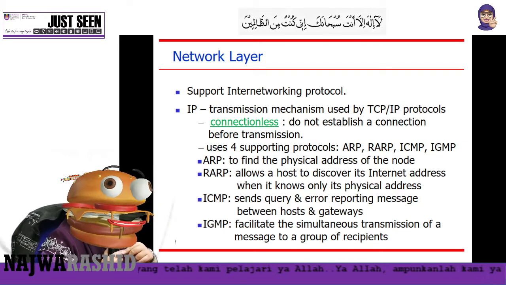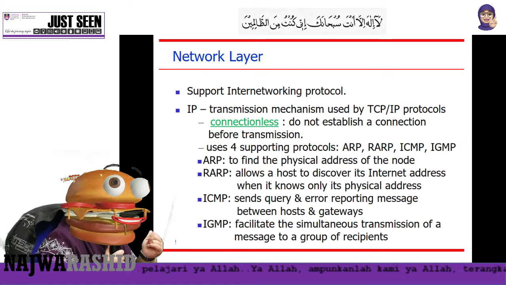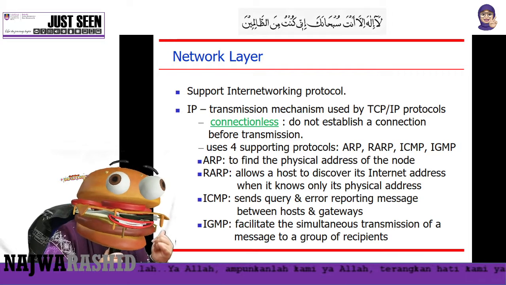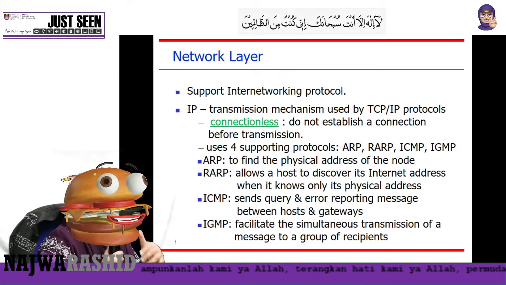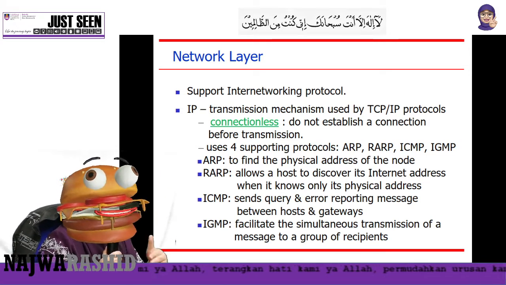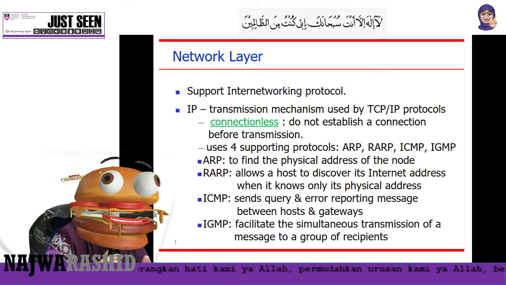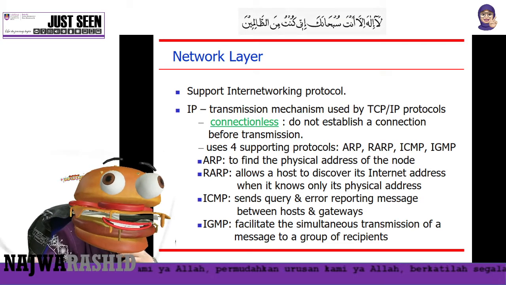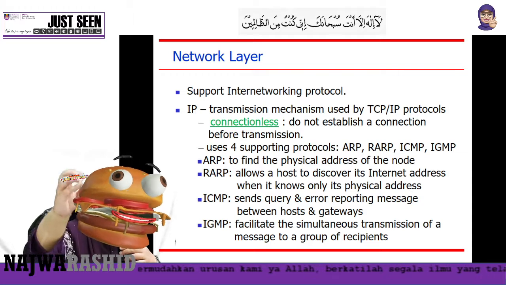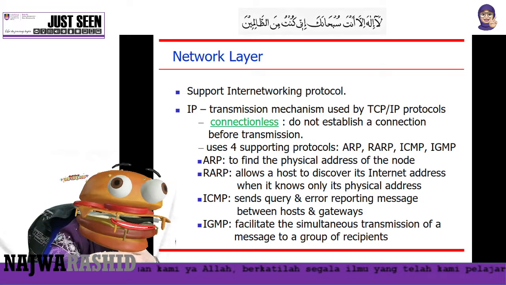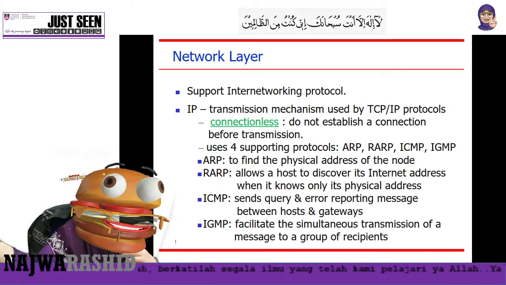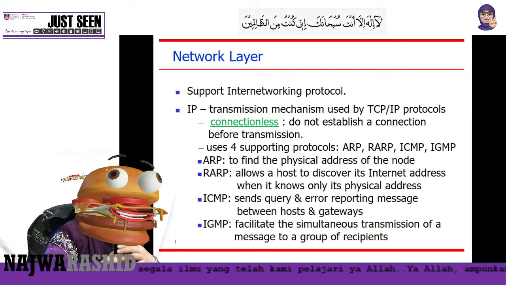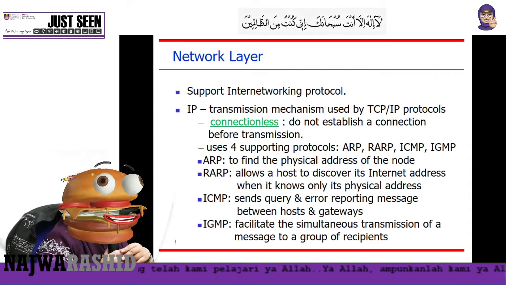The next protocol we have is ICMP. This protocol is used to send query and error reporting messages between the host and the gateway. A gateway allows us to communicate between our location and the outside. The next protocol is IGMP.